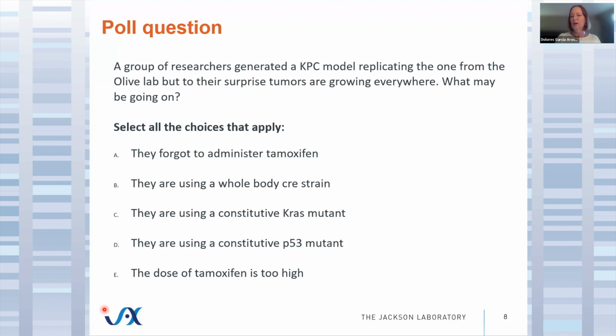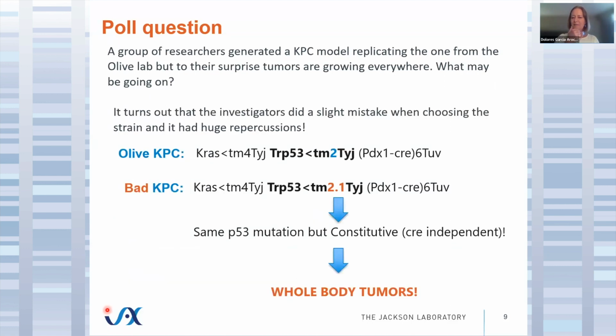But I tricked you, perhaps I tricked a few of you, because I did show you that we offer a tamoxifen inducible KPC model, but it's not the Olive Lab one that this group was trying to recreate. So if we can close that poll and move on to the next slide, I'll tell you what really happened with these researchers, and I felt so bad for them.